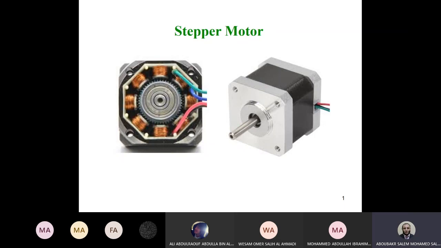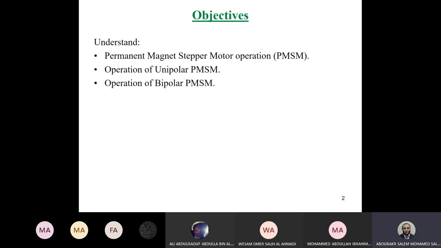Today, inshallah, we will discuss another type of stepper motor, which is the permanent magnet stepper motor. The objective of this class is to understand the permanent magnet stepper motor operation for the two different topologies, which are unipolar permanent magnet stepper motor and bipolar permanent magnet stepper motor.